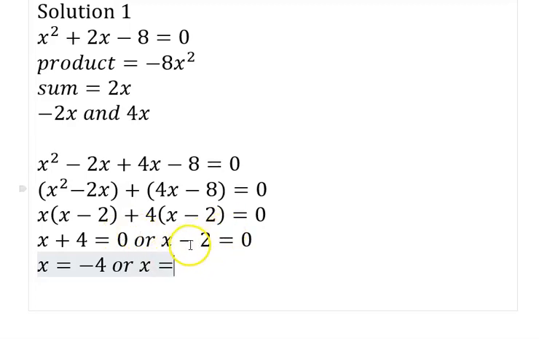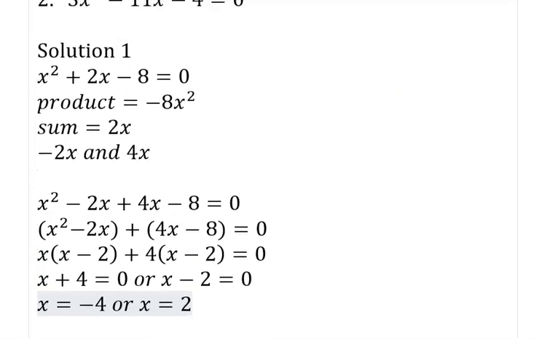If you are bringing it out, here it will change to what? Plus 2. So that's our answer. So x is what? Minus 4 or plus 2. Very interesting. So that's your answer. Our job majorly is getting these two numbers, but the moment you're able to get them, you are good to go. So let's go straight to solution number 2.